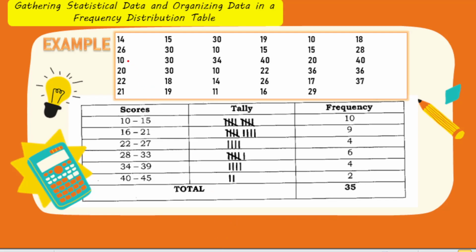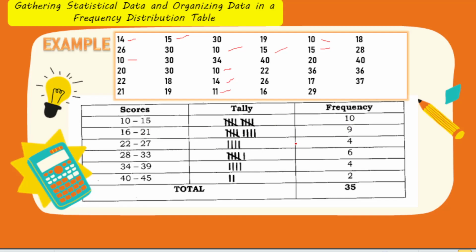Here it is. 1, 2, 3, 4, 5, 6, 7, 8, 9, 10. So, we have 10 as our tally, then frequency.